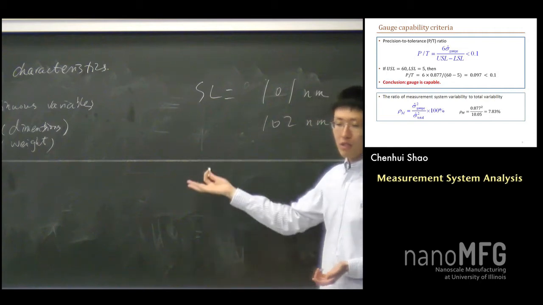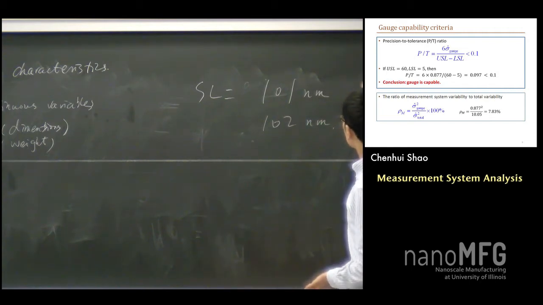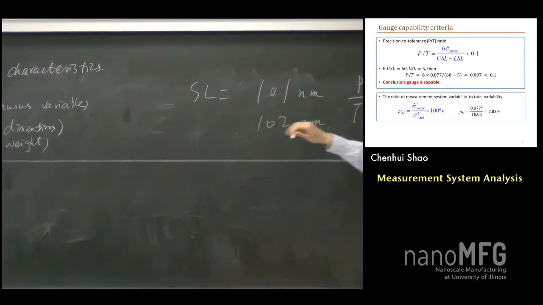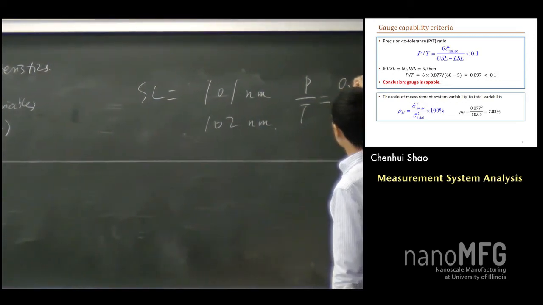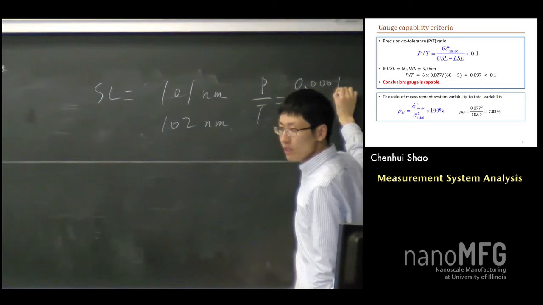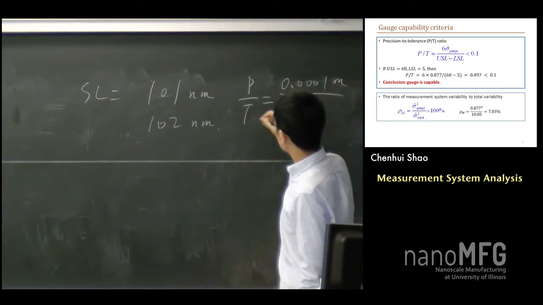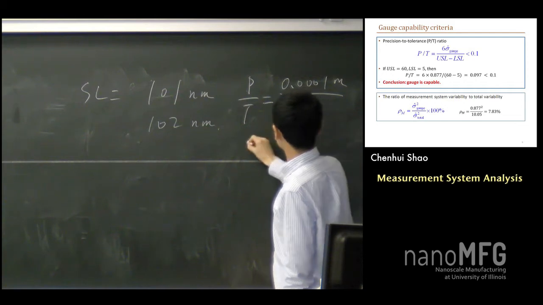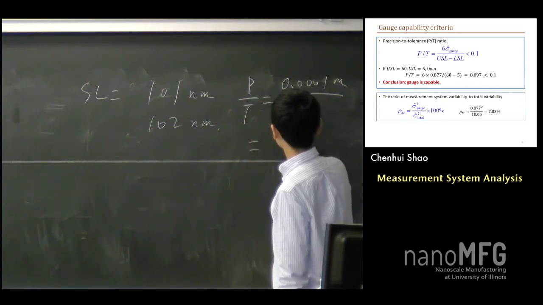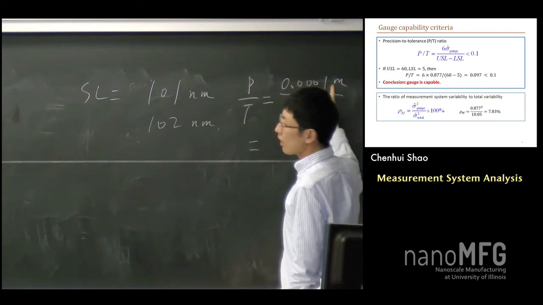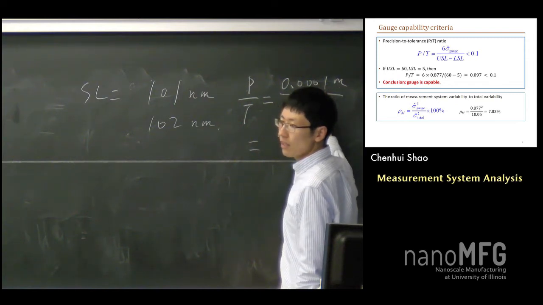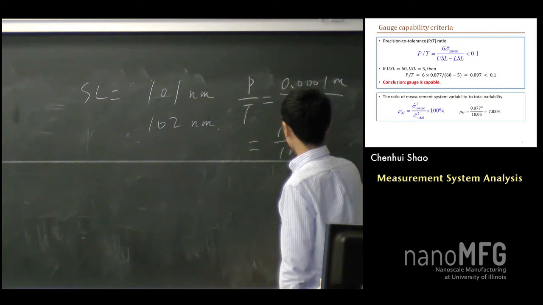So now what is my PT ratio in this case? Now my PT ratio is sigma gauge, which is 0.001 meter, and this is 1 nanometer. And we know 0.001 meter is 100 nanometer. Divided by 1 nanometer is 100.